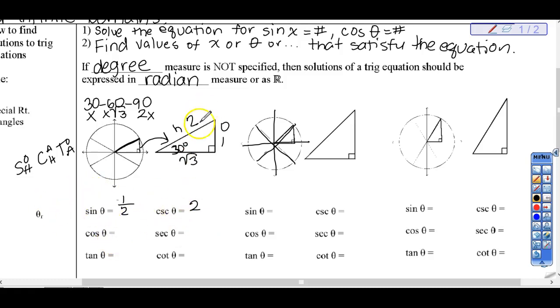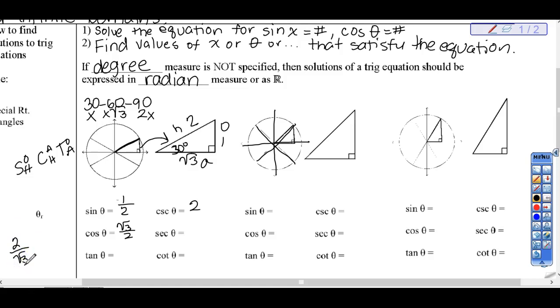Cosine is adjacent over hypotenuse. So that's the square root of 3 over 2. Now secant is the reciprocal of that. But over here, just this one time, I'm going to show you why the answer is going to be what it is, but it's not going to be the first form of this answer. So if we do secant, we're doing the square root of 2 over the square root of 3.